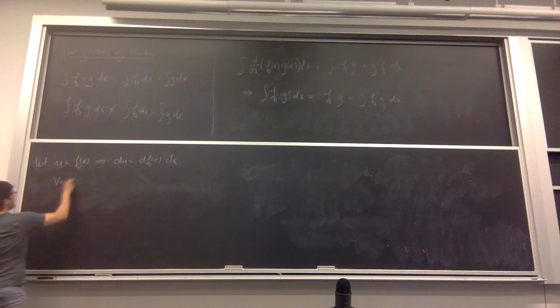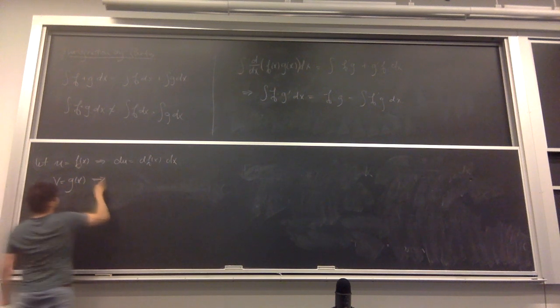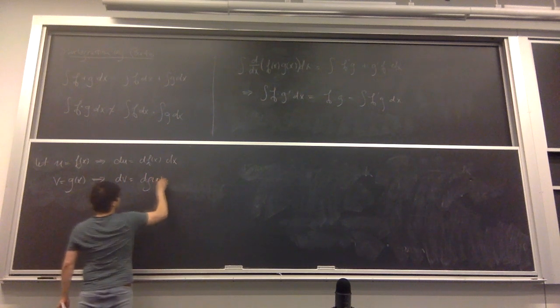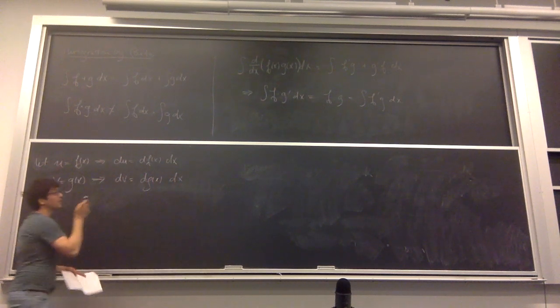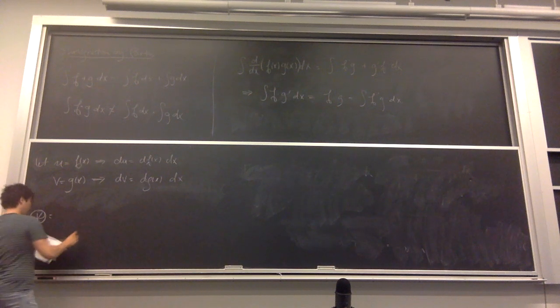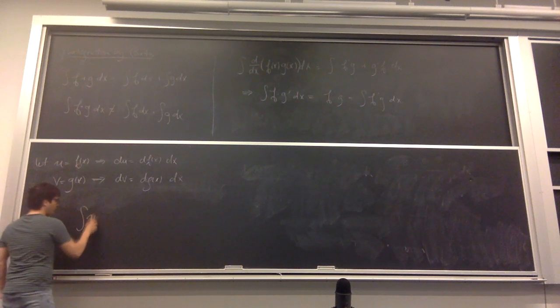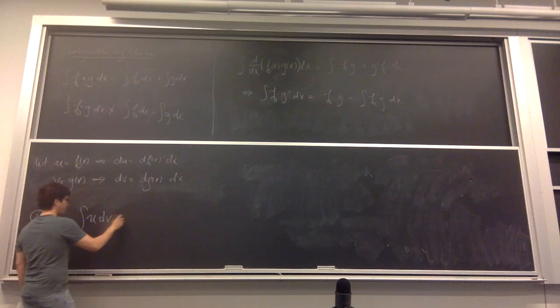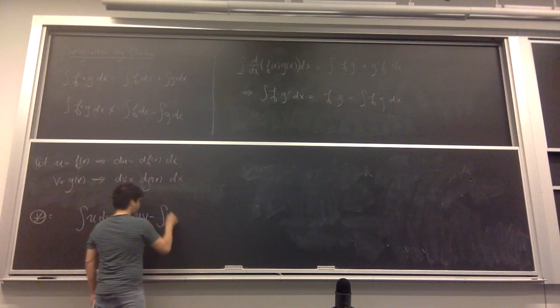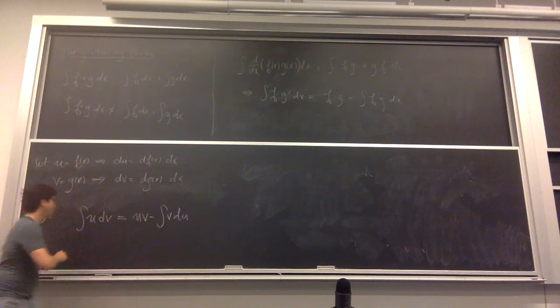That means v, if I let that equal g of x, we're going to get dv is equal to g prime of x dx, which means I can rewrite that thing up there to be this, which we are going to call and use integration by parts. So this is going to be very important. The integral of u dv is equal to uv minus the integral of v du.